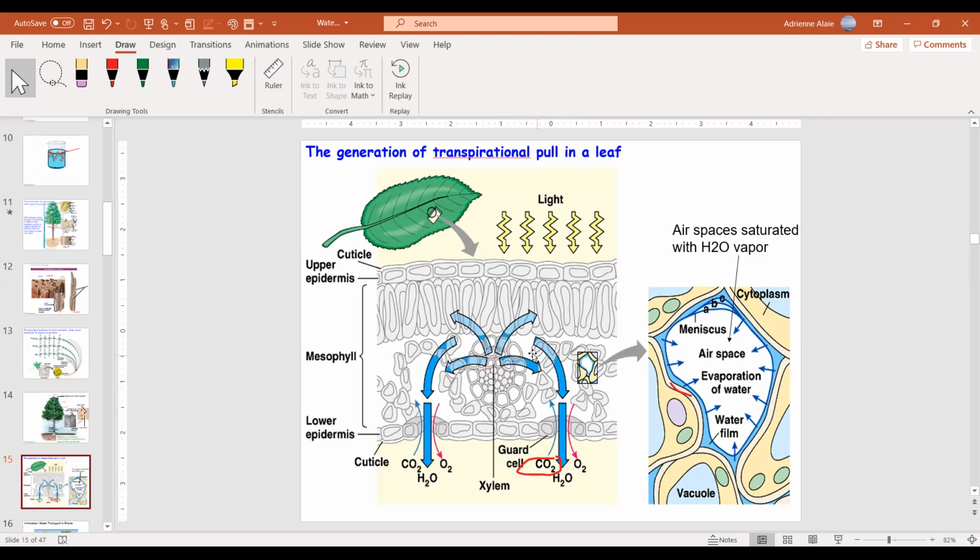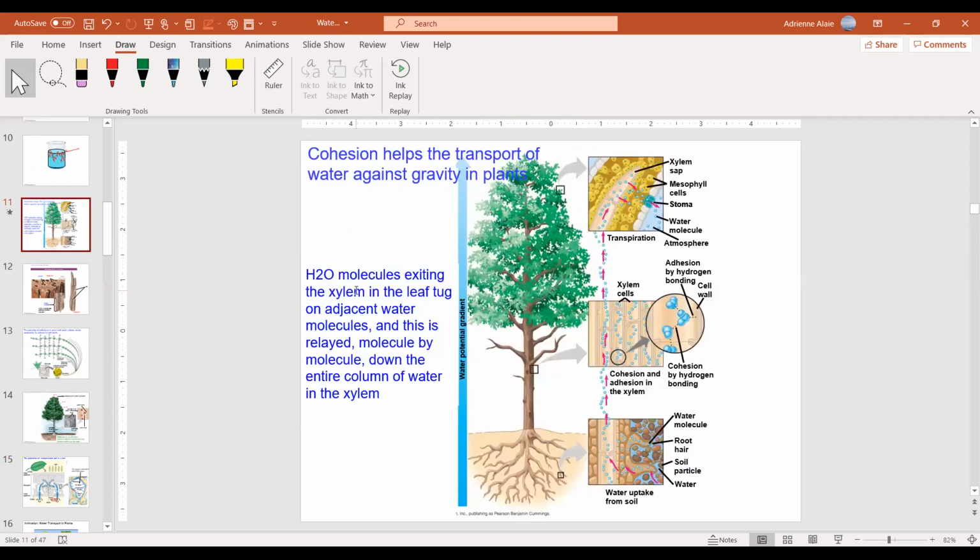It's a continuous pull back. It's a tension. It's a negative pressure on the rest of it. So it says water molecules exiting the xylem, these straws, the vascular nature of the tree, pull on adjacent water molecules, right? And this is relayed molecule by molecule down the entire column of water in the xylem.